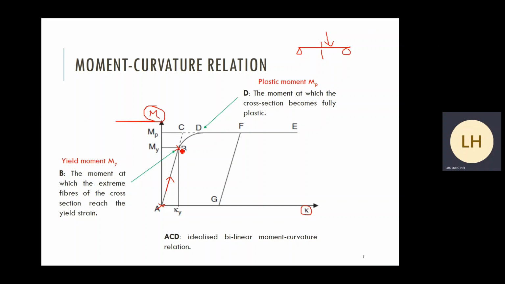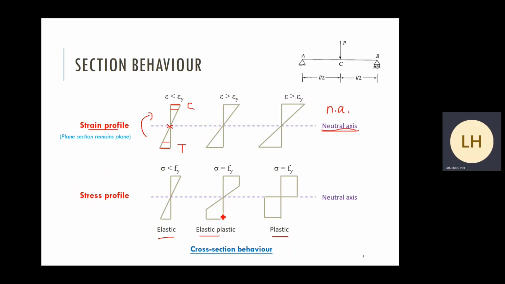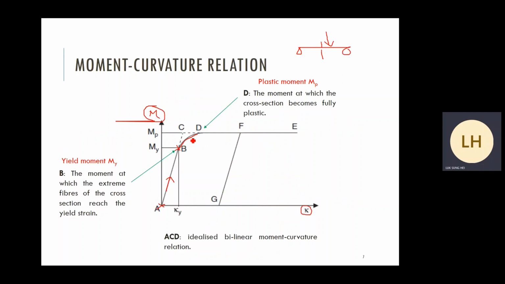B to D is nonlinear behavior, the transition between elastic and fully plastic conditions. This part, BD, represents the middle elastoplastic region, partially yielded, partially elastic. It gives us a nonlinear behavior between B and D. And D is another special value. Beyond D, you can see a horizontal line.